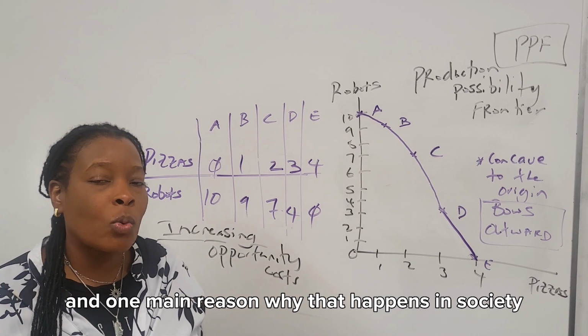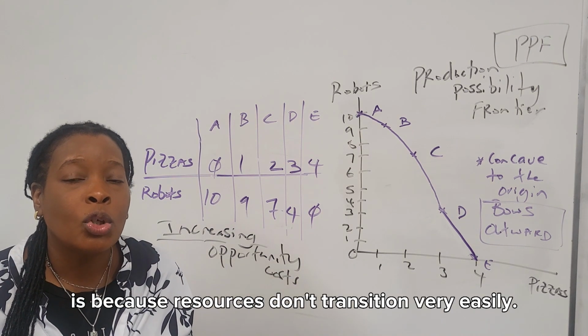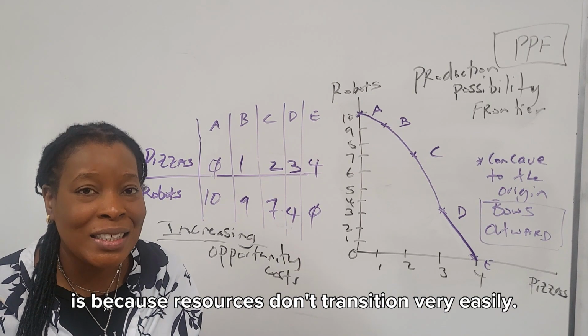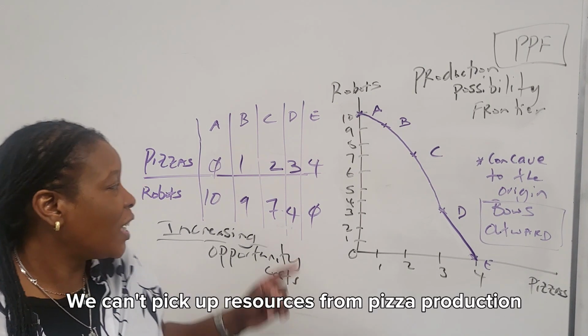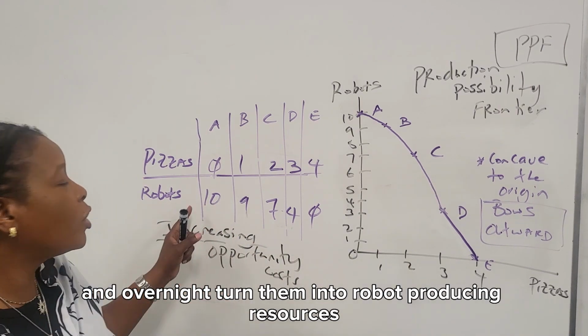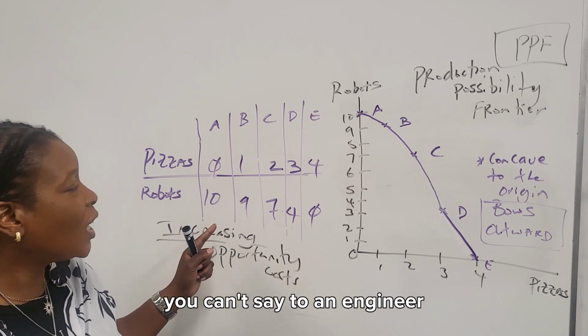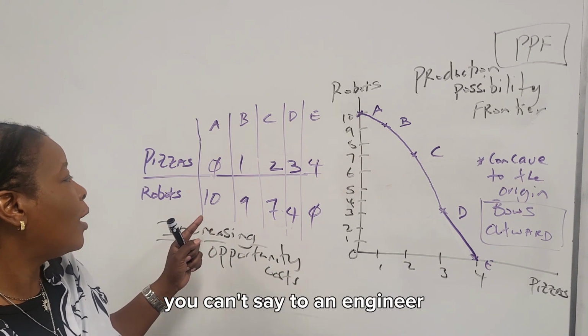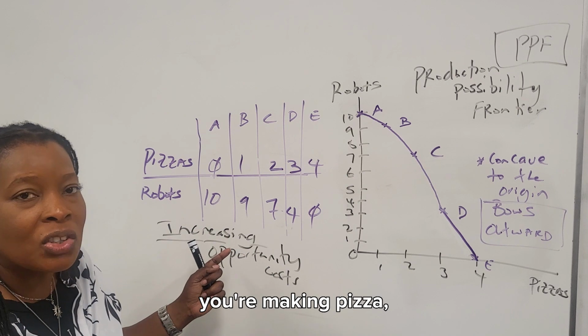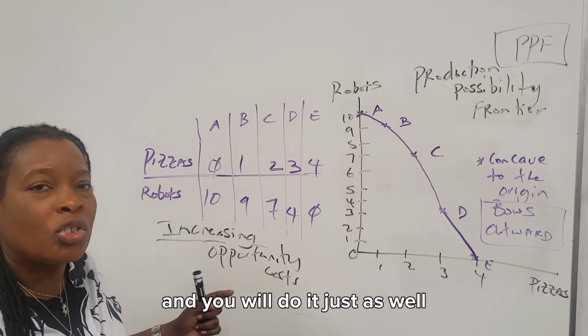And one main reason why that happens in society is because resources don't transition very easily. We can't pick up resources from pizza production and overnight turn them into robot producing resources. You can't say to an engineer, you're making robots today, tomorrow I want you to make pizzas and you will do it just as well.